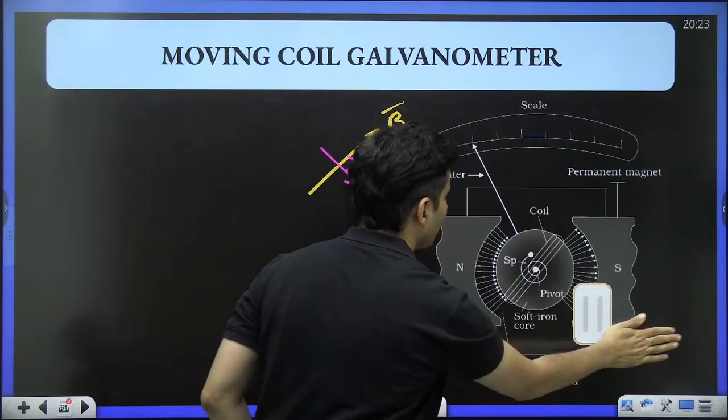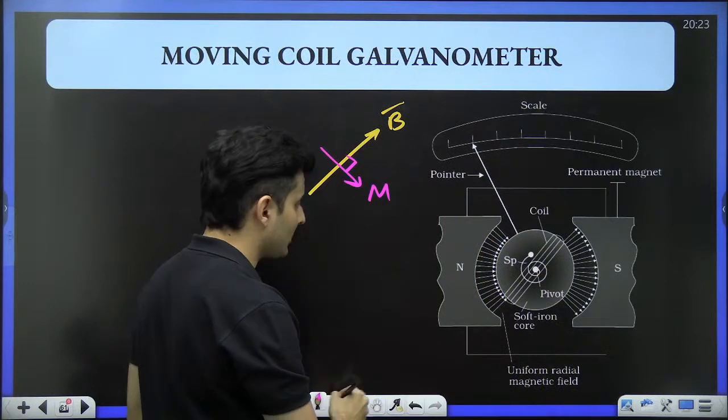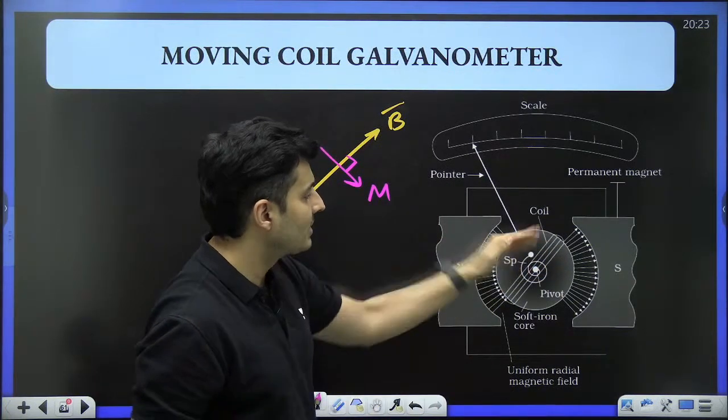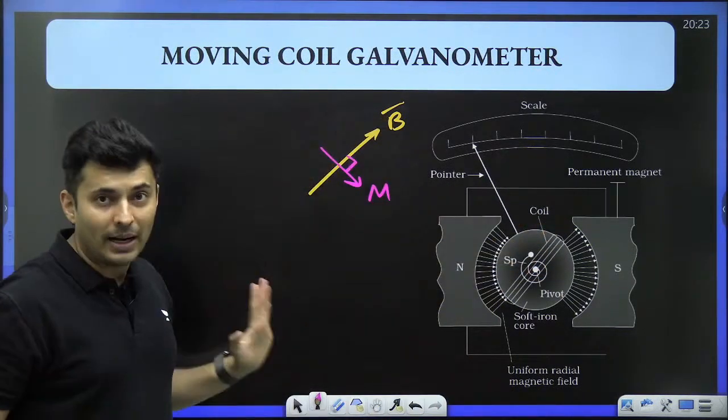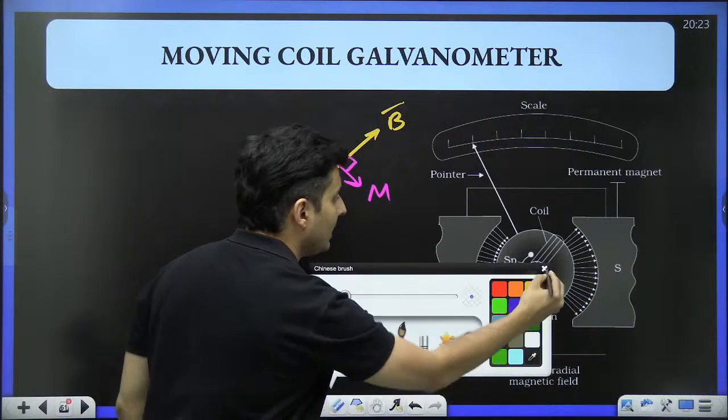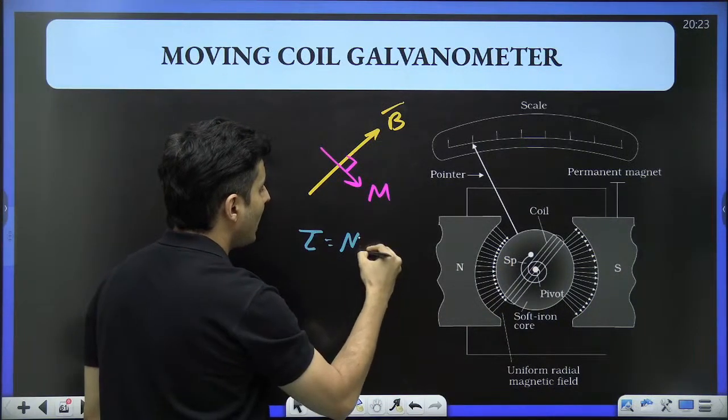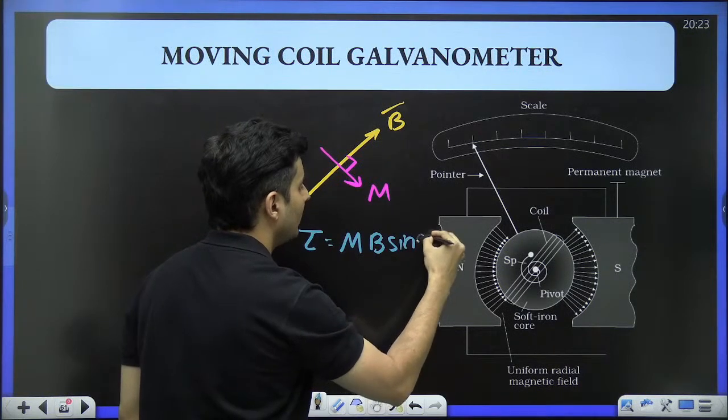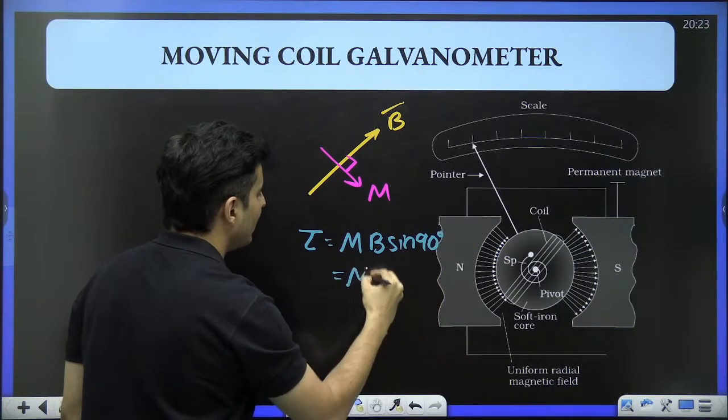Always you will see, no matter how the loop orients, the field will be perpendicular. So technically, if you see the torque, it will be MB sine 90, which is basically MB.